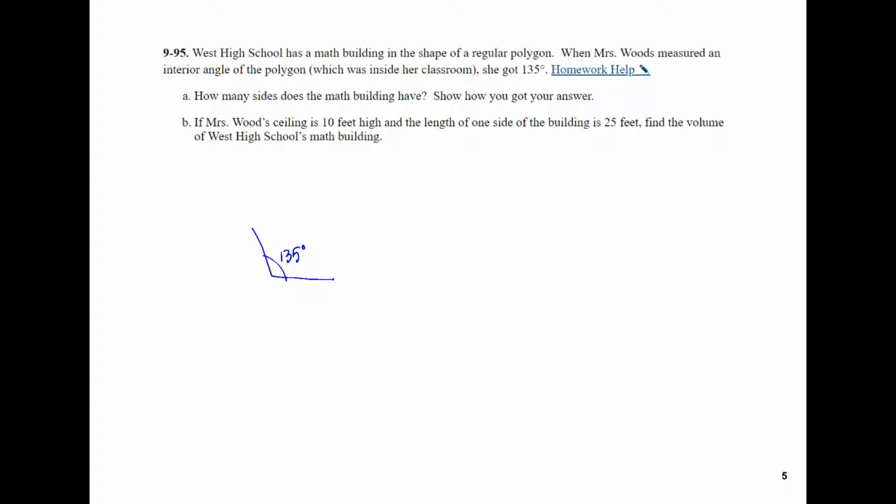Well, I know that the exterior angle connected to the interior angle has to equal 180 degrees. So if I subtract, I can tell that my exterior angle is 45.